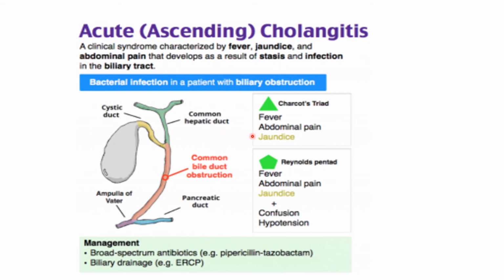Its presenting features are Charcot's triad, fever, abdominal pain, and jaundice, plus Reynolds' pentad, confusion and hypotension, which are signs of early septicemia. It is a very emergency situation where urgent treatment is required with broad spectrum antibiotics and biliary drainage by ERCP.